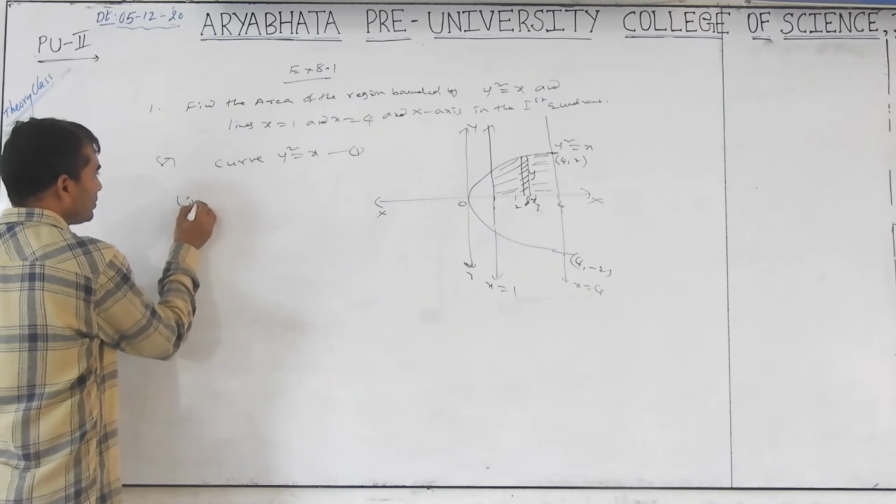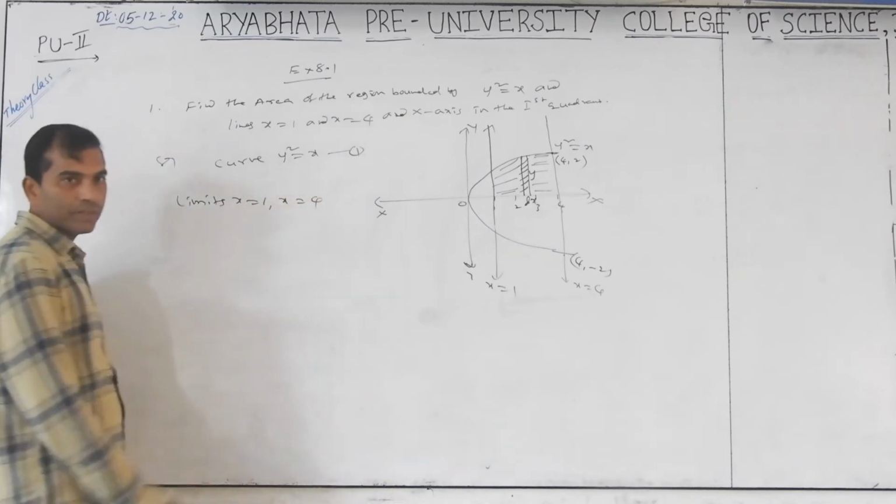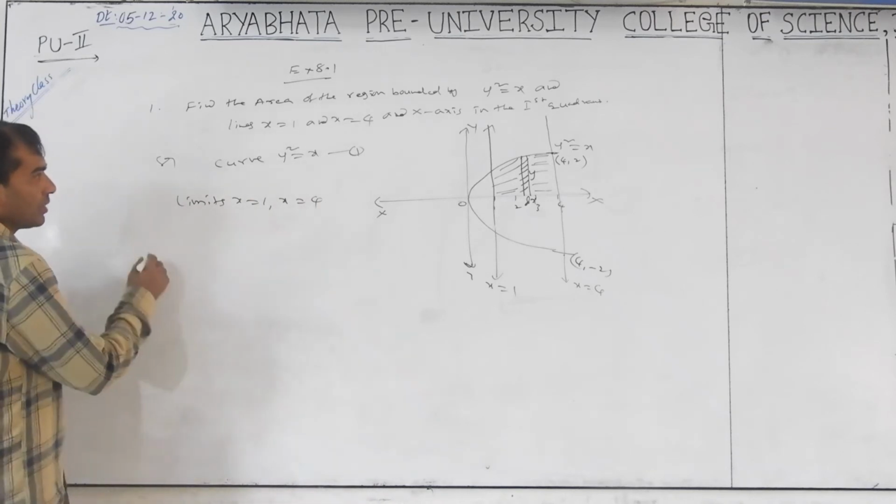Limits. Tell me the limits: x is equal to 1 and x equal to 4.